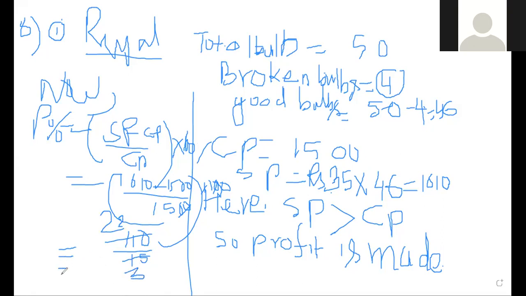When you divide 22 by 3, you'll get 7 whole number 1 by 3. You can write the answer in mixed fraction or in decimal also. This solution, have you understood?